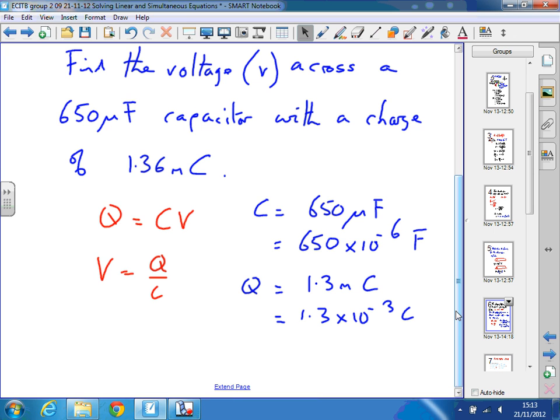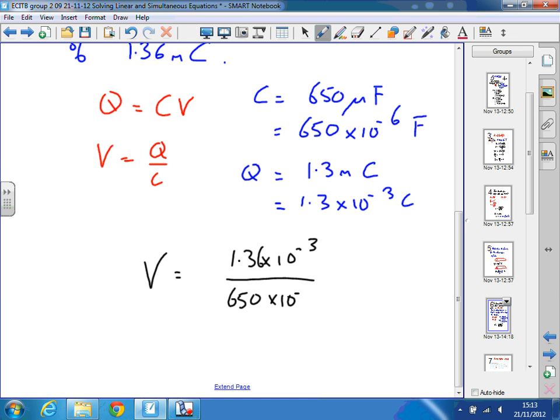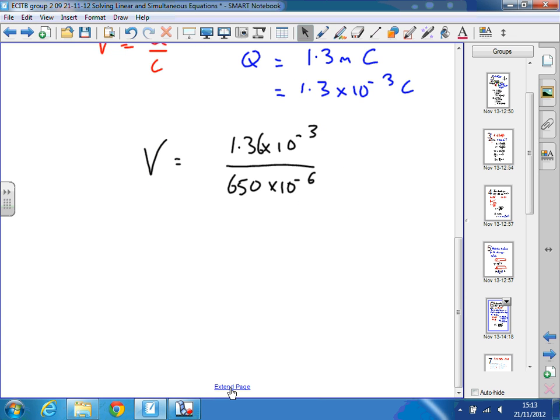So this information should be in your head. And now all you do is get your calculator out and say, so therefore the voltage is going to be 1.3 times 10 to the minus 3 over 650 times 10 to the minus 6. And then out comes the answer, to an appropriate accuracy.